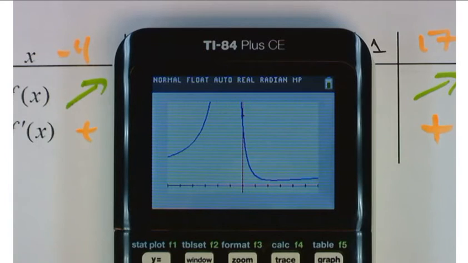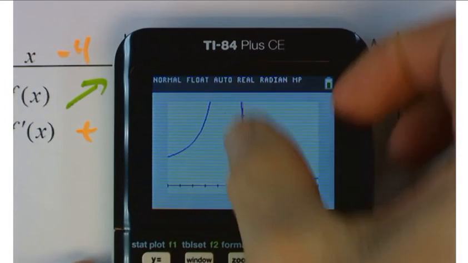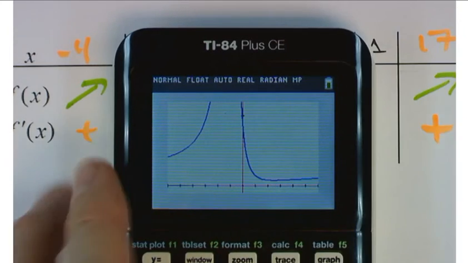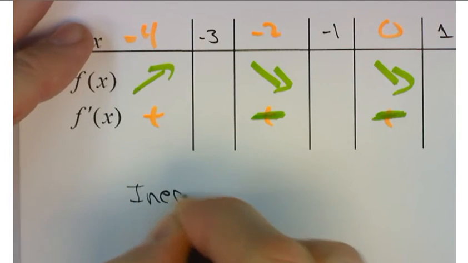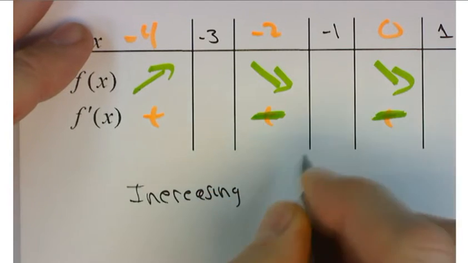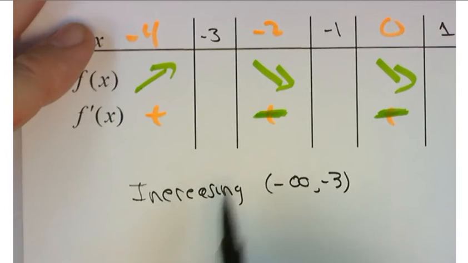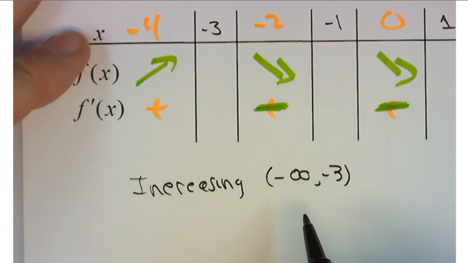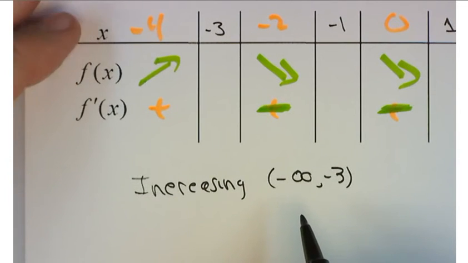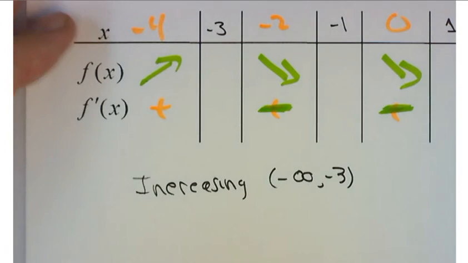So what's happening here? Well, the function is increasing until it gets to our vertical asymptote at -1. And that's what we see on the graph. It's increasing from -infinity to -3. Then what?